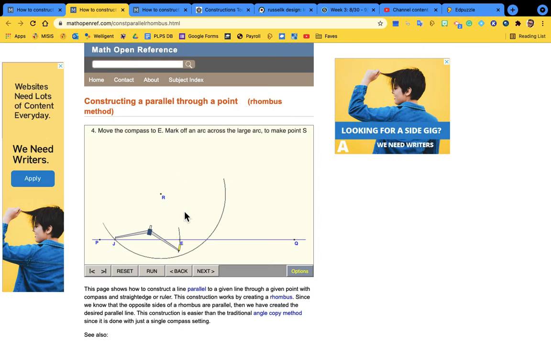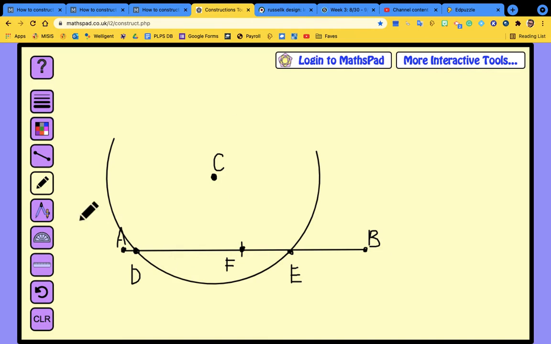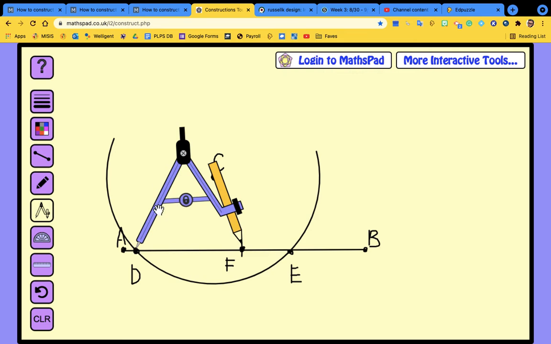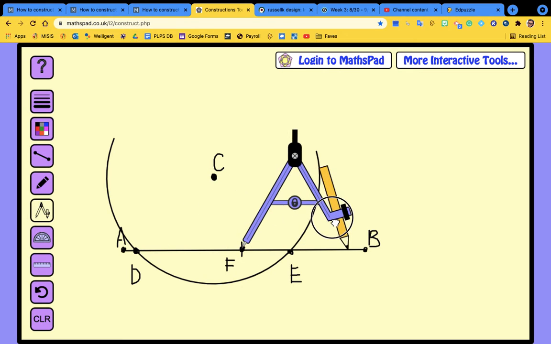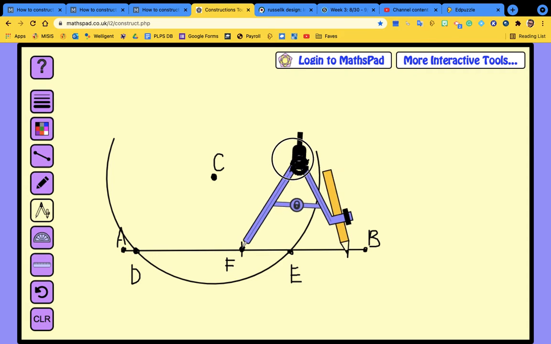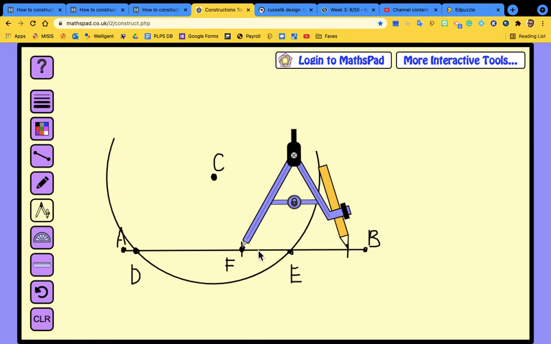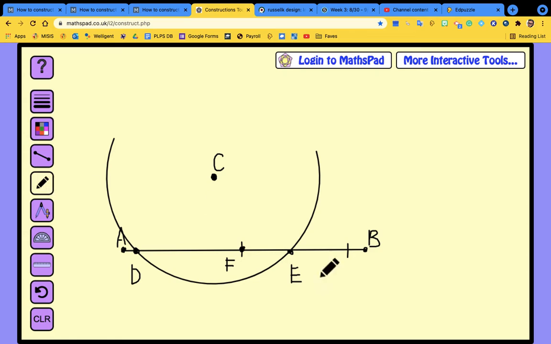So next we move our compass over to point F, and we're going to create a small arc here on our line, and we're going to call that G.